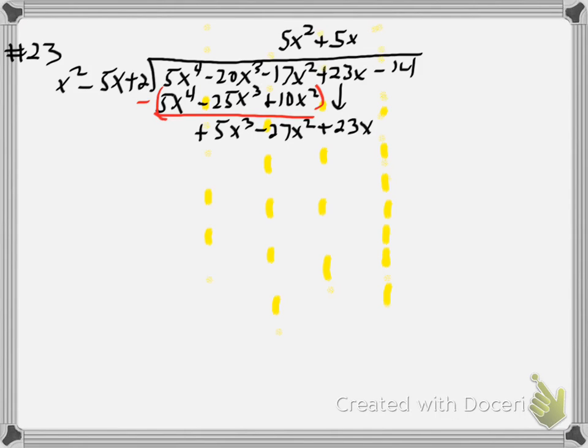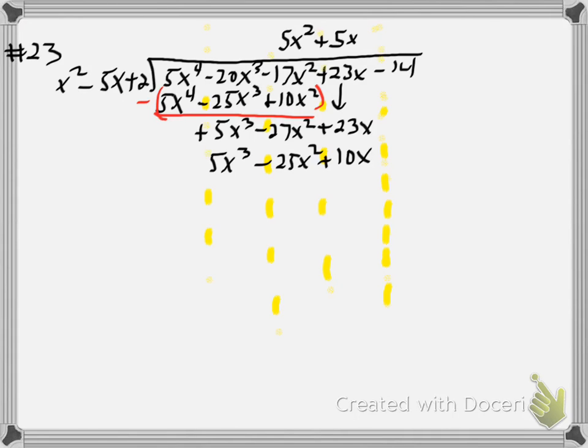Okay, so again I'm going to go back and do this times that. So that's 5x cubed. Then I'm going to go 5x times negative 5x, that's negative 25x squared, and 5x times 2 is 10x.